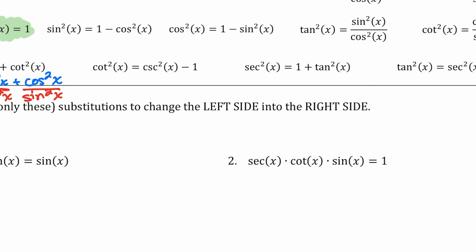You can also take that same equation, 1 equals cosine squared plus sine squared, and ask what happens if I divide everything by cosine squared? I get a brand new equation that says 1 over cosine squared, which is secant squared, is equal to 1 plus tangent squared, because cosine squared divided by cosine squared is 1, and sine squared divided by cosine squared is tangent squared.